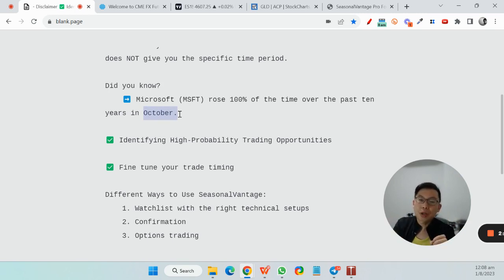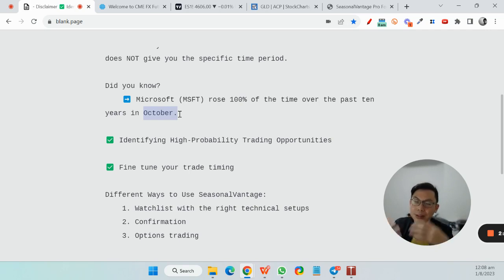So it tells you not to sell short, or not to sell Microsoft during this period of time, and it gives you more confidence that Microsoft could go up in October because the history is with you. So this is how it applies to seasonals, and this applies to forex as well.